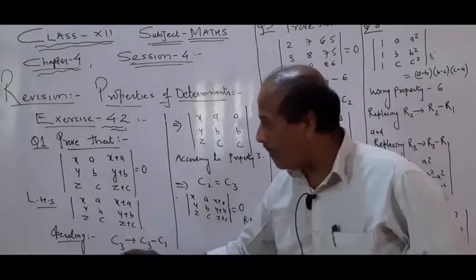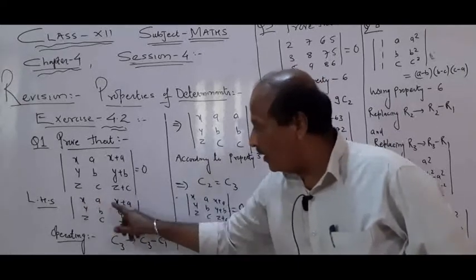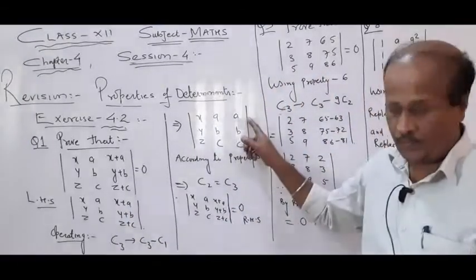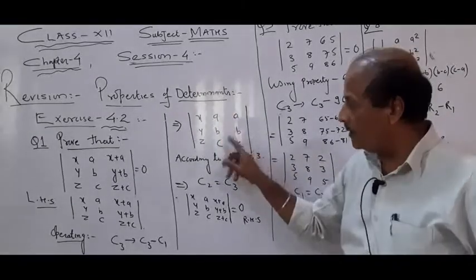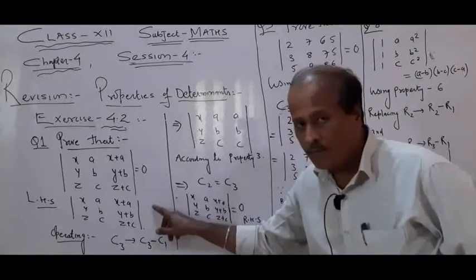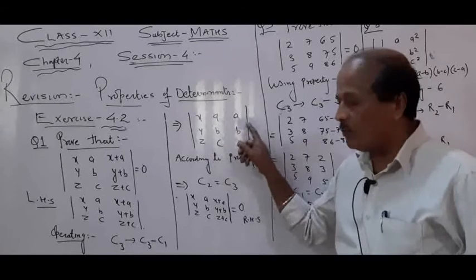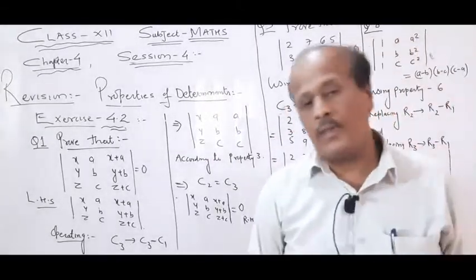So what will happen? When you subtract column 1 from column 3, X, Y, Z are going to be removed. So here we got our next step. Now you see X, Y, Z as it is, A, B, C as it is, but the third column, which is modified, will become A, B, C. Now whenever two rows or columns are identical, recall property number 3.